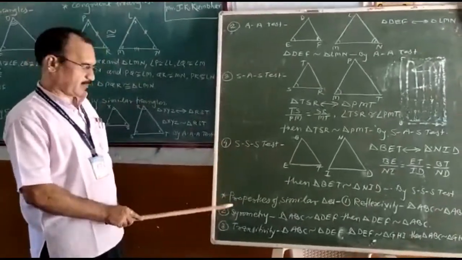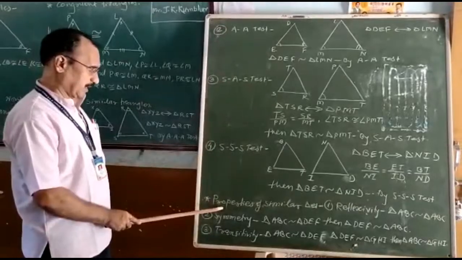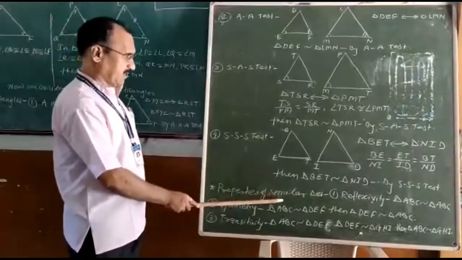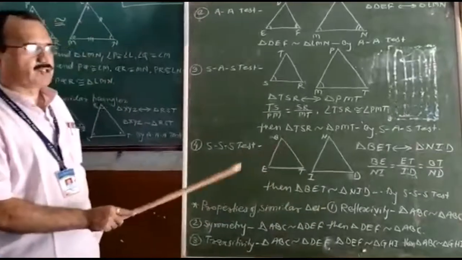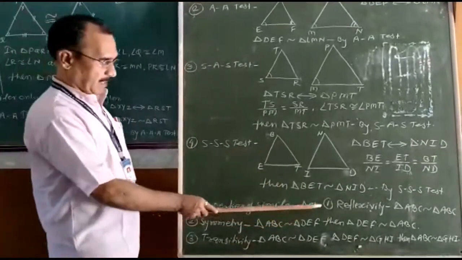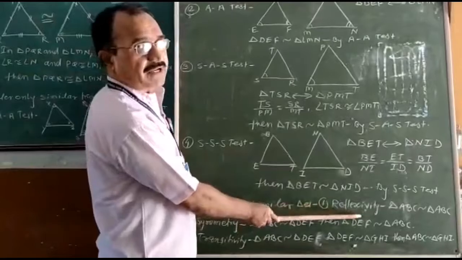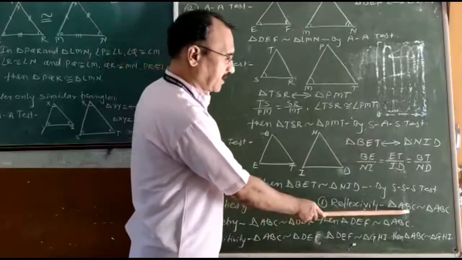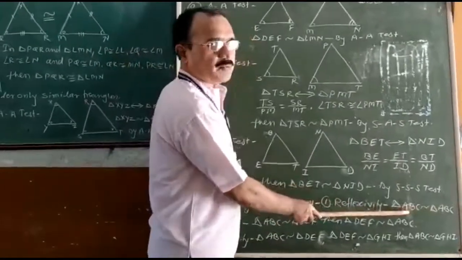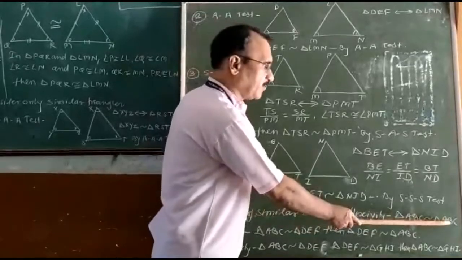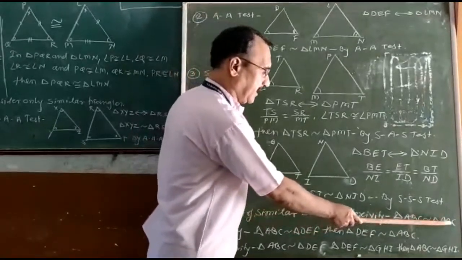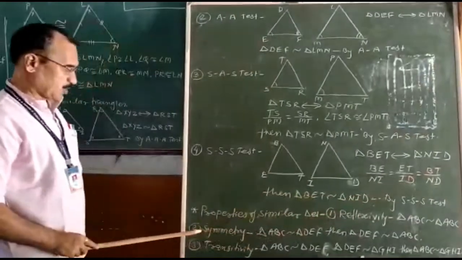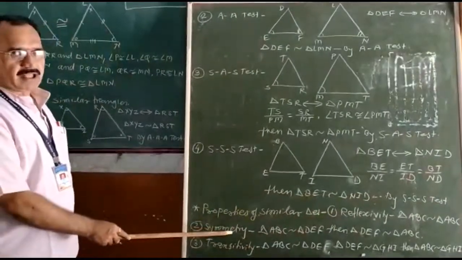If triangles are similar, then there are some properties of similar triangles. There are three properties, which were also seen last year. Number one is reflexivity, means each triangle is similar to itself. That means triangle ABC is similar to triangle ABC. Second property, symmetry.